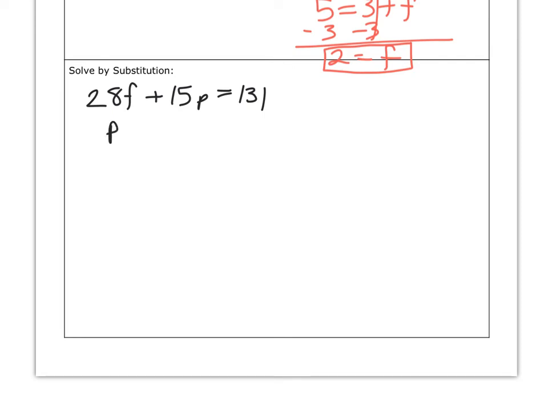And we had P equals 3 plus F. So if I use substitution, here we've got P already solved for, right? So I'm going to substitute 3 plus F for P in that first equation. We're going to plug it in.